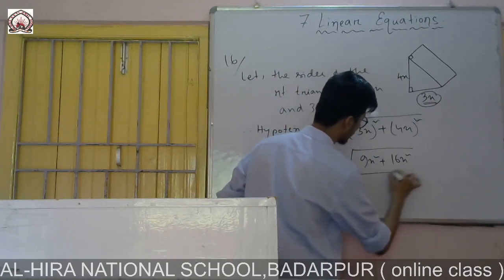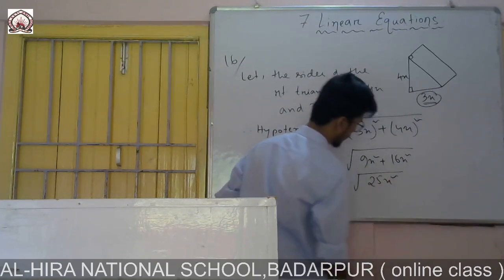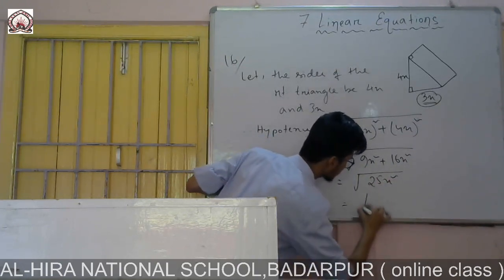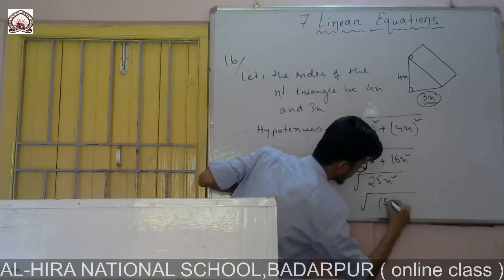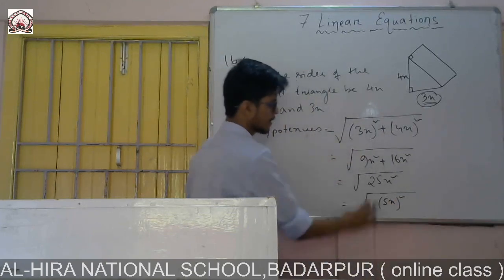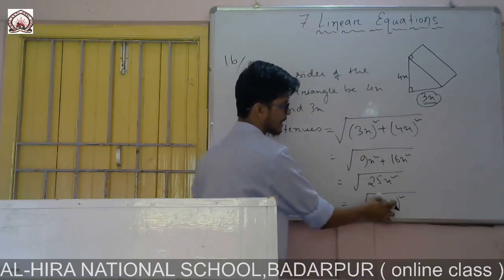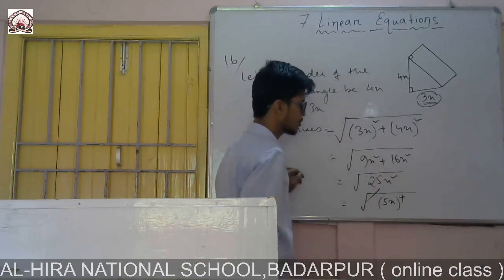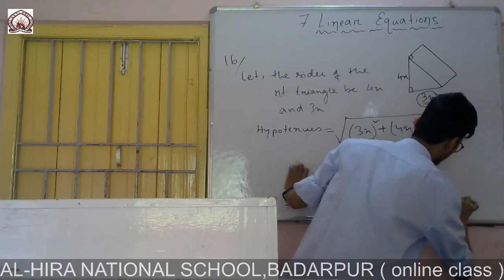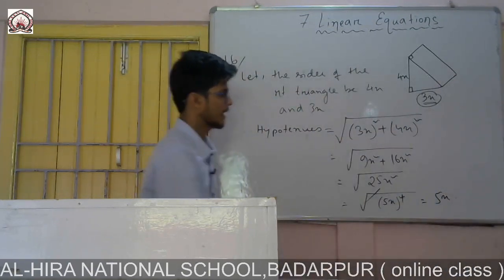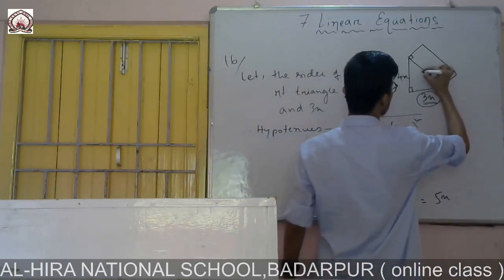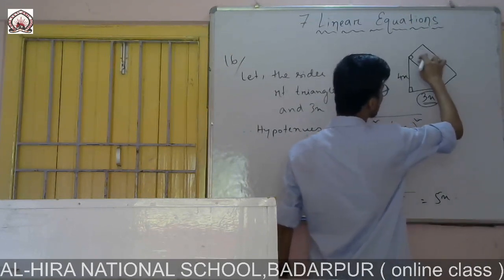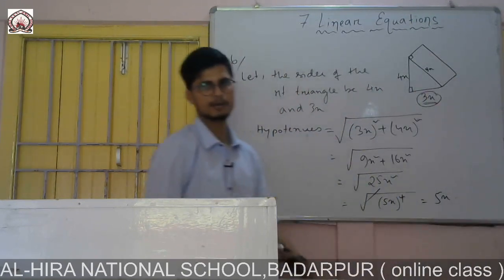So 9 plus 16 is 25x square, which I can write as 5x whole square, since 5 square is 25 and the square of x is x square. So the square and the root cancel, and the hypotenuse is 5x, which is equal to the length of this rectangle.